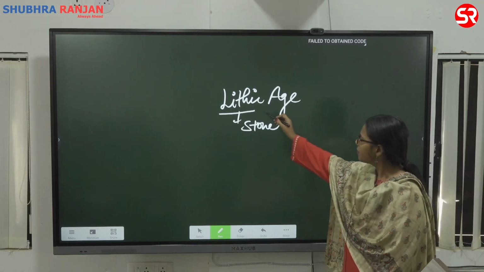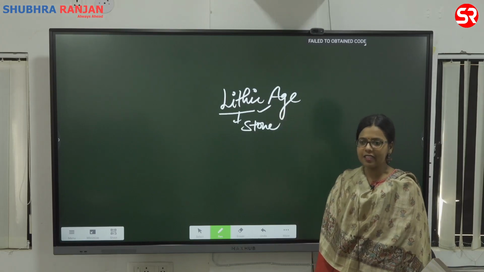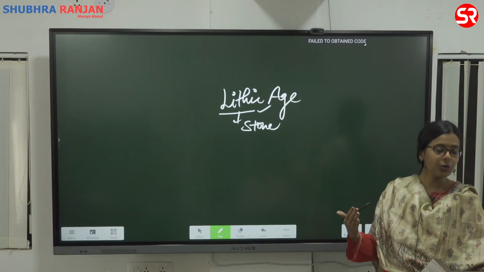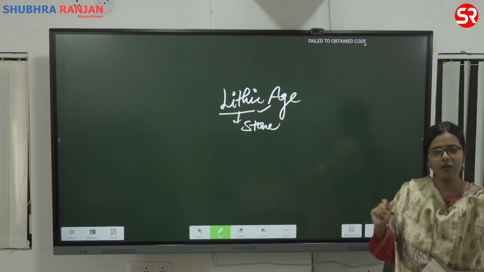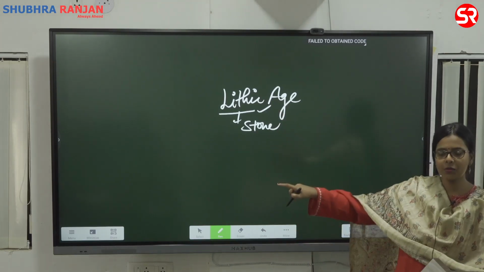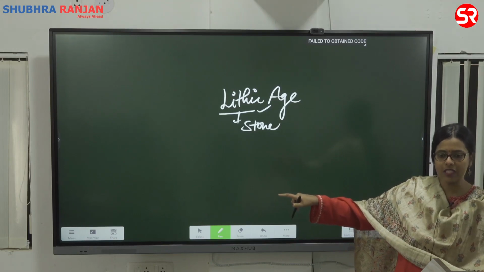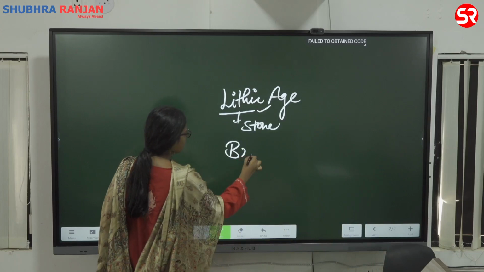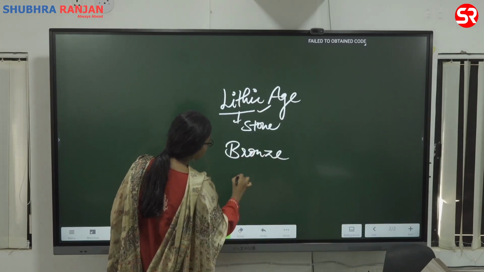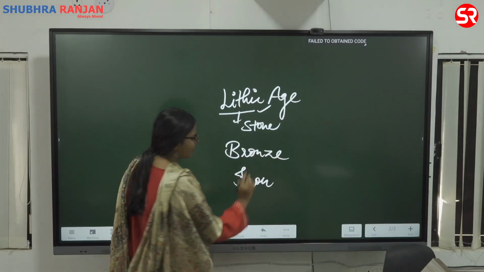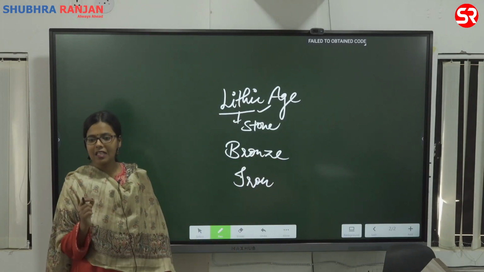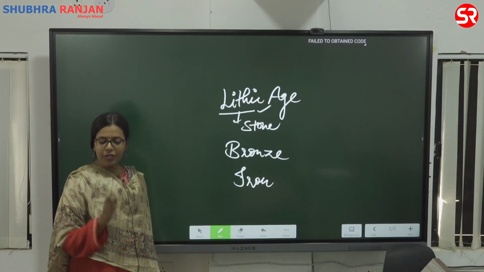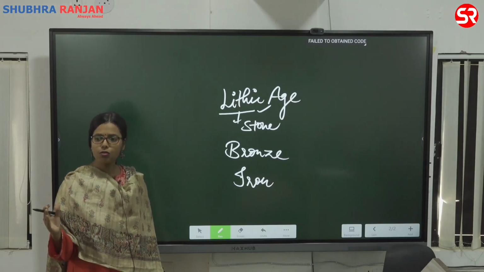So that became the reason why we call it lithic age. Why? Because the tools that they were making were made of stone. So they are going by the idea of technology. That is why lithic age. Then you will see bronze age and then iron age. So they were looking at the metal or stone which was used to make tools.